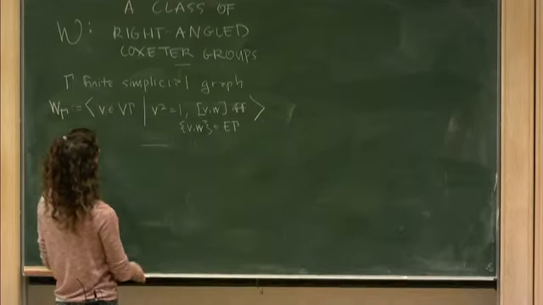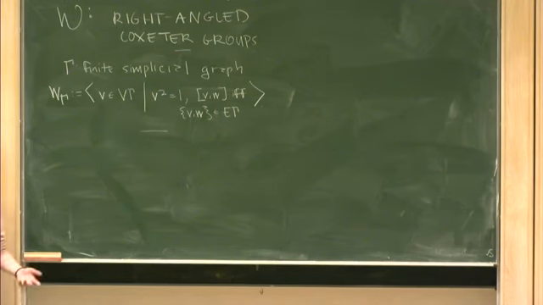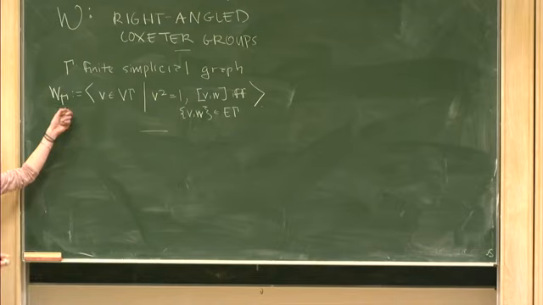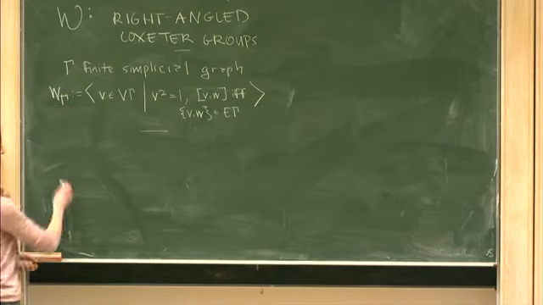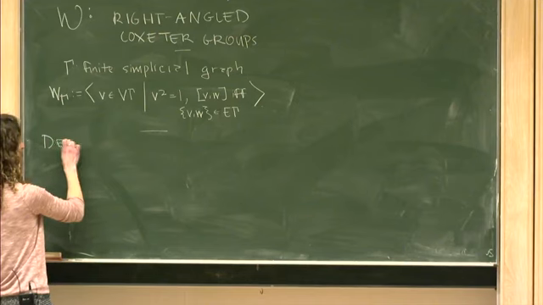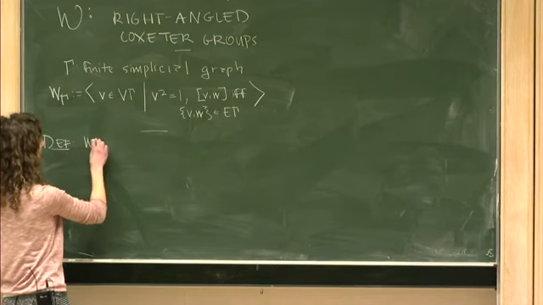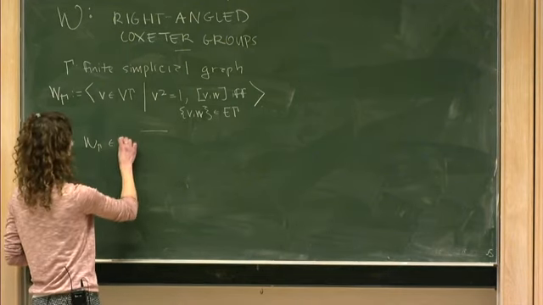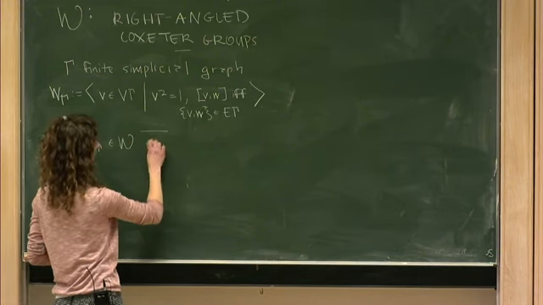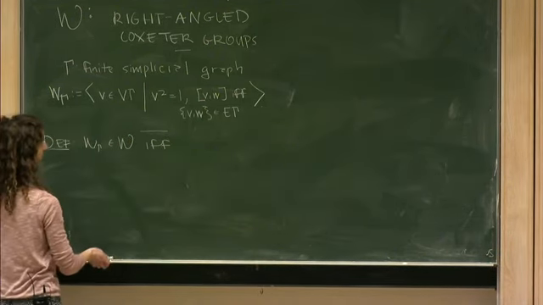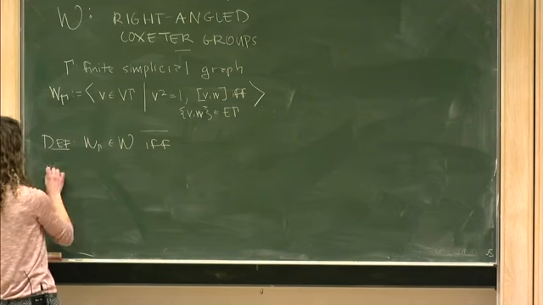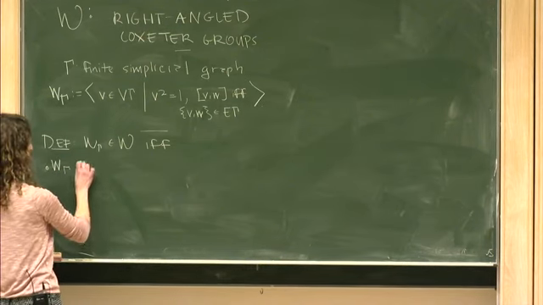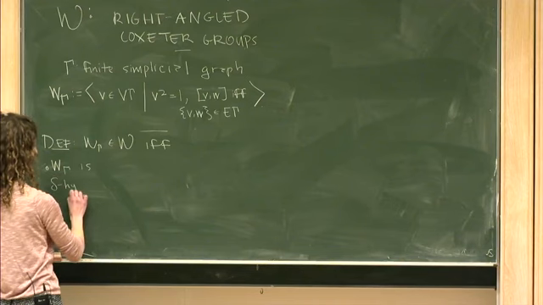We've seen many examples of these groups throughout the week, and one nice feature of this class of groups is that often graph theoretic properties correspond to group theoretic and geometric properties. We can define the class W as follows. Say a right-angled Coxeter group W gamma is in the class W if and only if the following conditions are satisfied. First, we assume the group is delta hyperbolic.